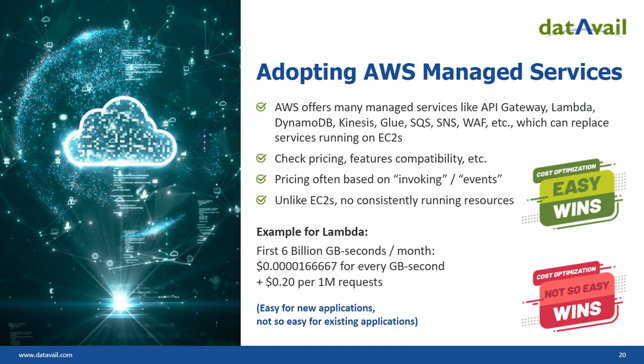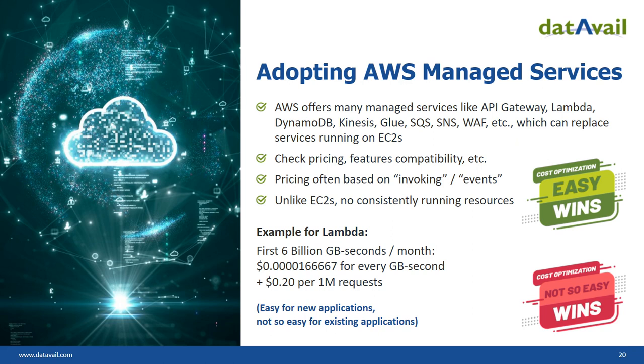So a lot of times, when you don't have a very high throughput, you might benefit from using managed services. But if instead of millions you're getting into billions of requests, then it can be pricey also. So you've got to look at what works out better for you.